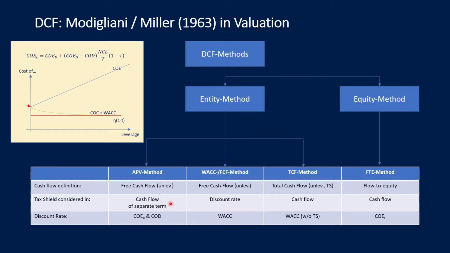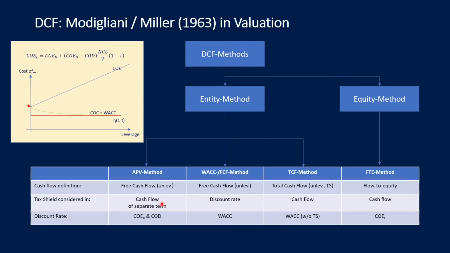So there is a second term only for the tax shield, and there's a third term for the debt. So, discounting the free cash flow, applying the cost of equity of the unlevered firm will lead to the value of the unlevered firm. Additionally, the advantages of the tax shield will be added, and of course the debt will be deducted.